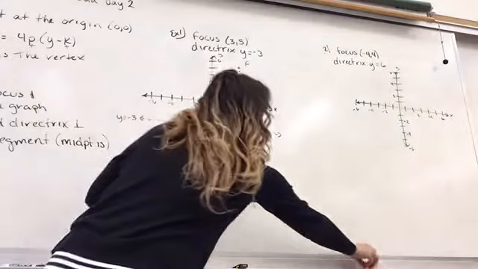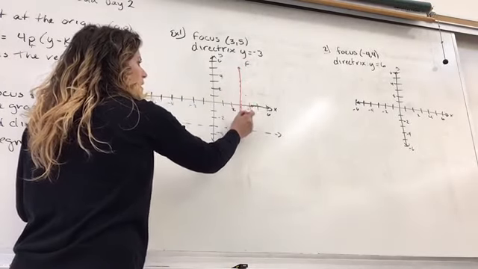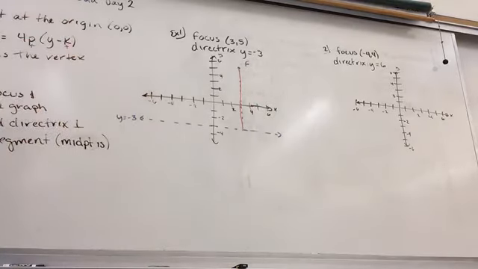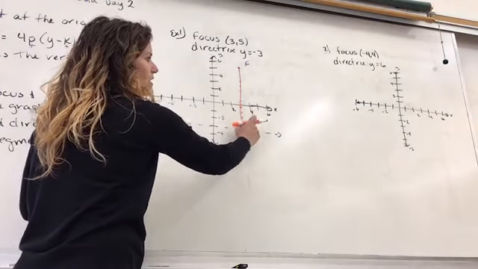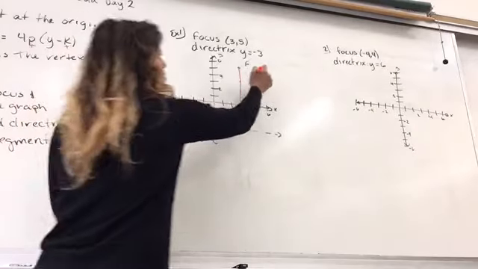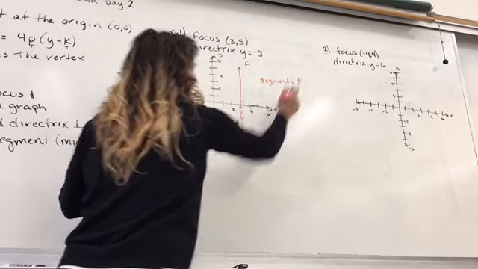Let's use an orange color. I know the vertex to my parabola is on that orange line, and it's in the middle. If this is 5 units this way and 3 units this way, that means this orange segment is 8 units.